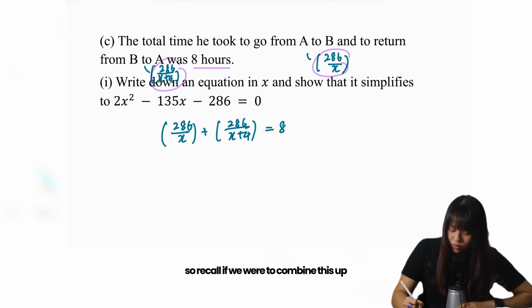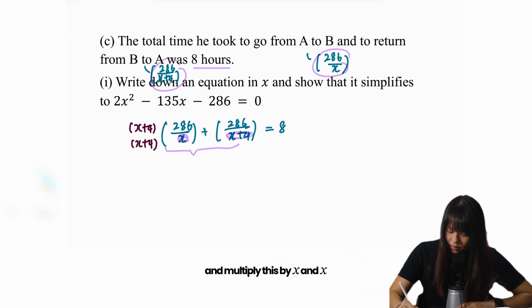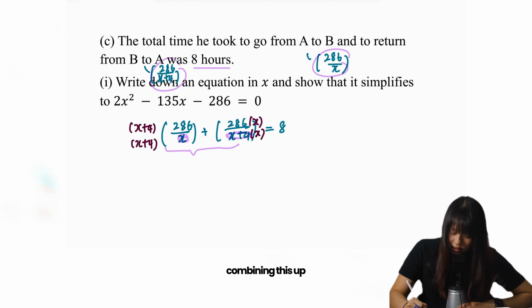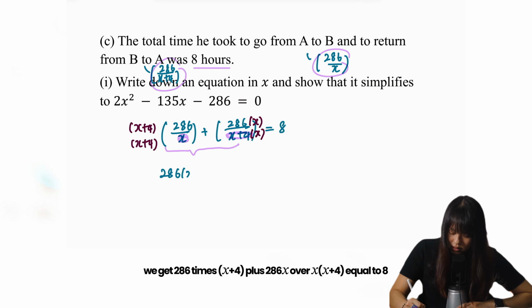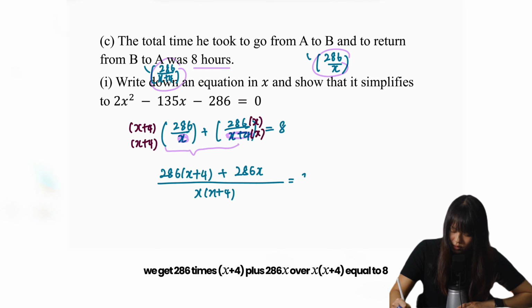Recall, if we were to combine this, we have to ensure that the denominators are the same. So we'll multiply this by x plus 4 over x plus 4, and multiply this by x over x. Combining this, we'll get 286 times x plus 4 plus 286x over x times x plus 4 equal to 8.